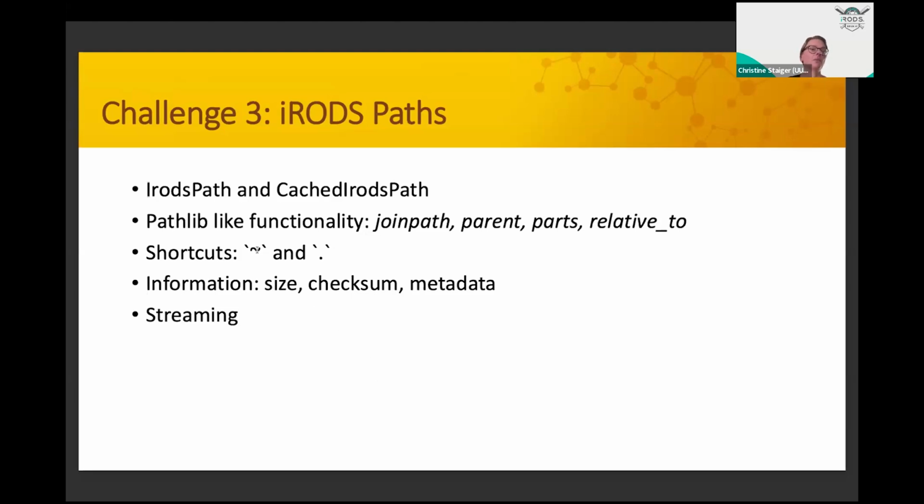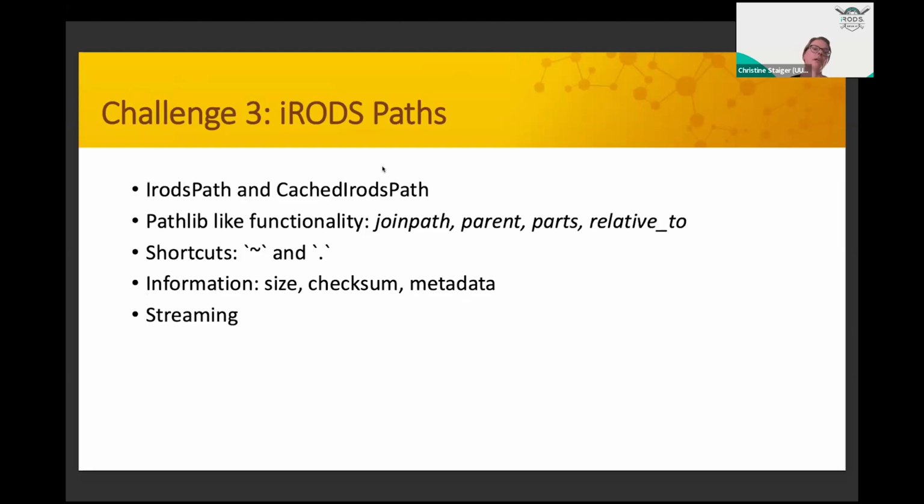Both of these classes contain pathlib-like functionality, like join paths, parents, parts, relative to. They both understand the shortcuts for the home and the current working directory. And we also put iRODS metadata underneath of the iRODS path, which is size checksum metadata.